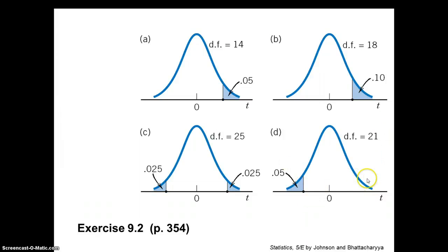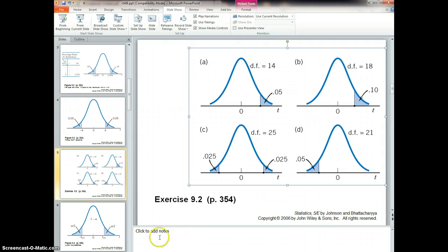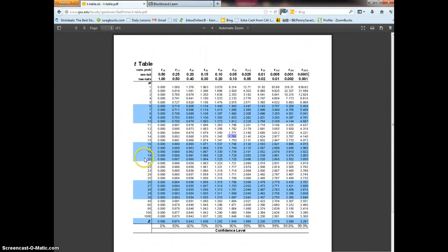So the right side area is 0.05, and I go to the table. Degree of freedom is 21, so right here, and the alpha value, the area under the curve, is 0.05, still the same.